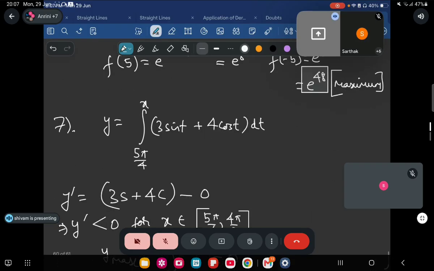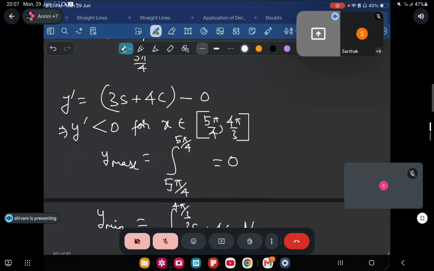Over there, there was no critical point only because f dash x was coming less than 0, right? So it is always decreasing. Okay, sir, understood.